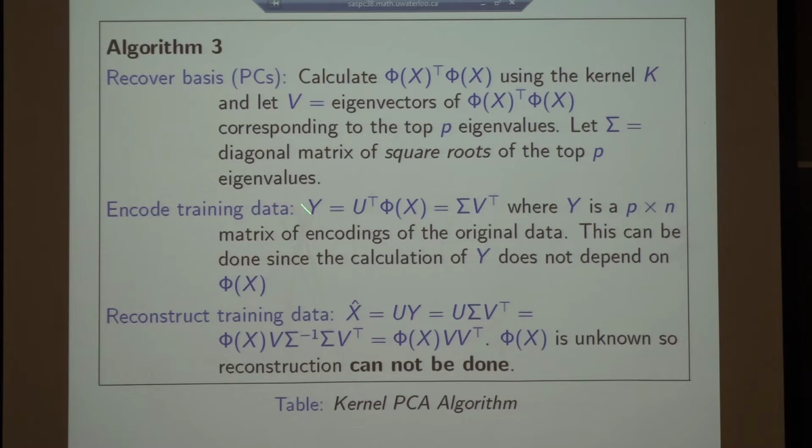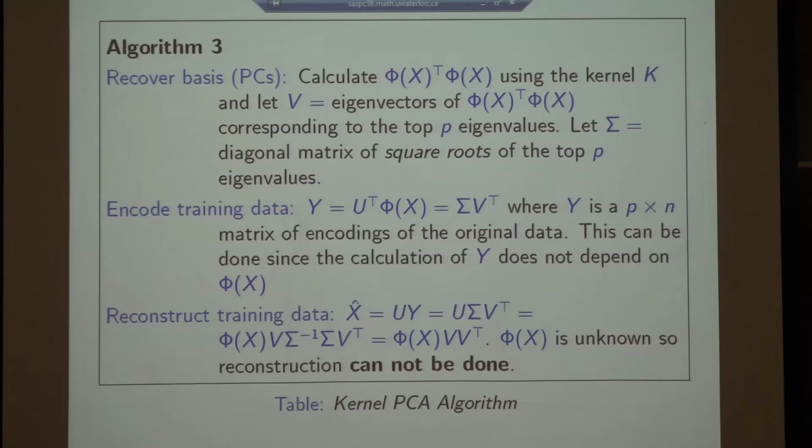I would like to map the points in lower dimensional space. It's simply Y equals U transpose phi of x, which can be written in dual form as sigma V transpose. And I do have sigma and V transpose, the eigenvalues and eigenvectors of this kernel matrix K.